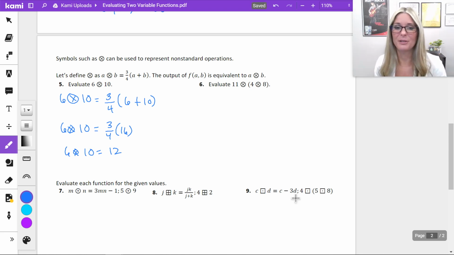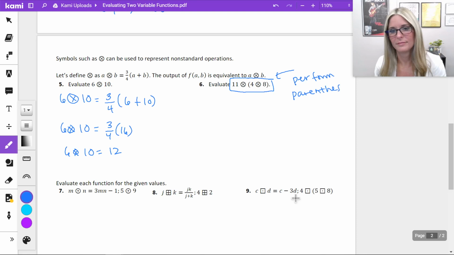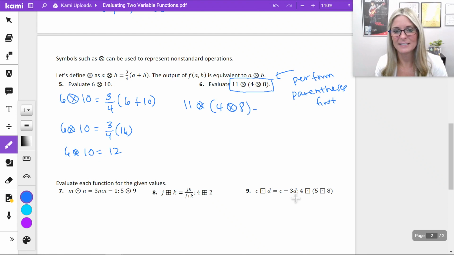Let's try it again with number 6. There's actually 2 layers here. We are going to perform our parentheses first. So we'll have 11 operation quantity of 4 operation 8. Starting with the inside, we'll still have that 11 operation inside.